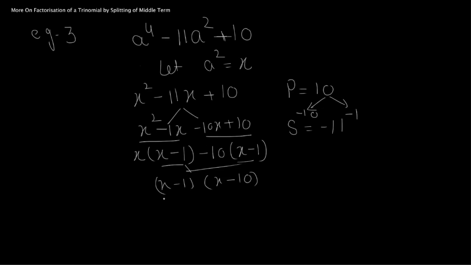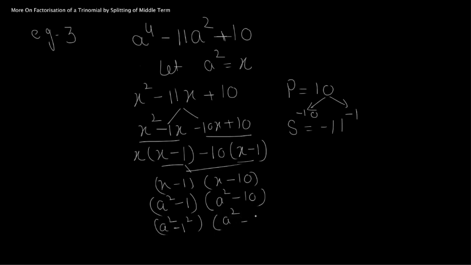Our factorization is not complete because we have to convert x back to a square. So let's write x as a square, and we can see we can factorize these two terms further by the method of difference of squares.